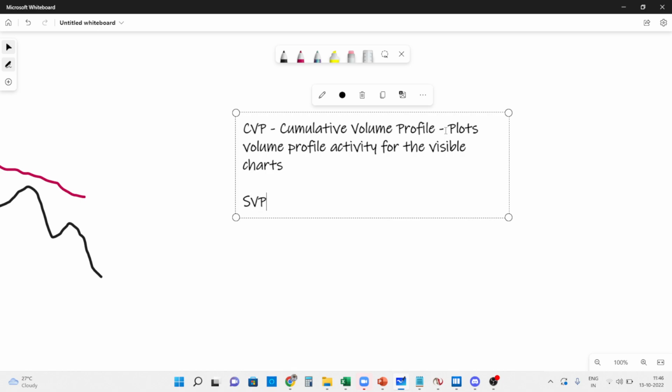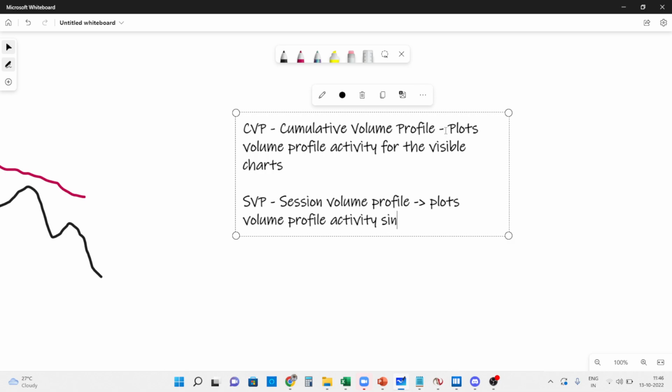However, SVP stands for session volume profile. It starts plotting the volume profile, however much data you're having in the charts. If you're having the last 10 days of data since you subscribed, it plots the volume profile activity since you subscribed to the charts.